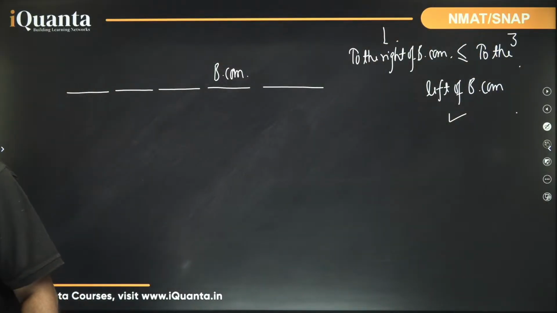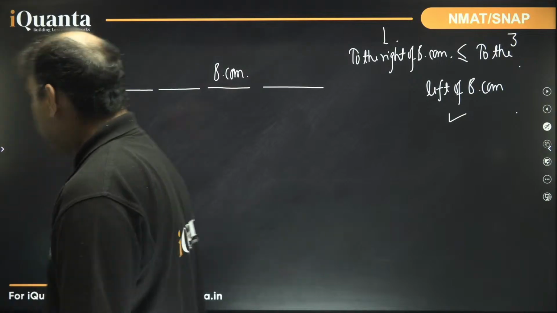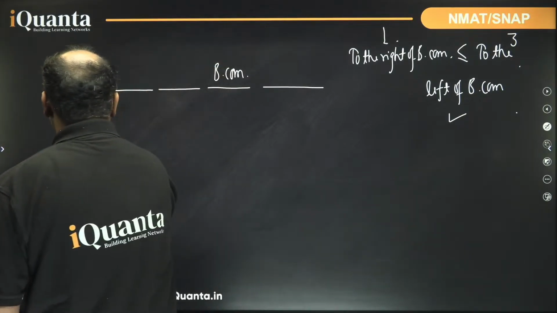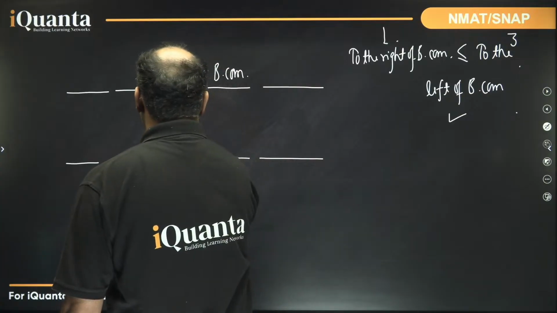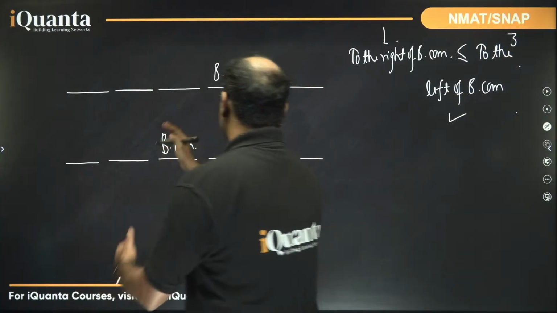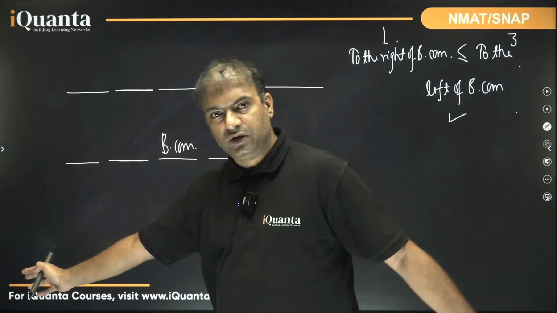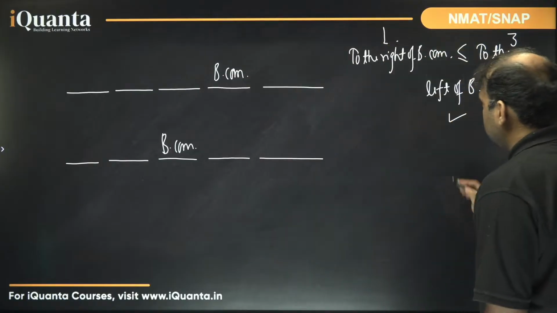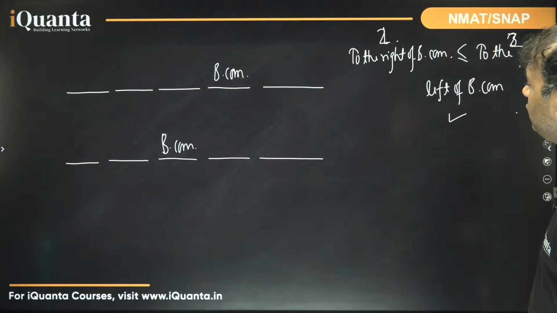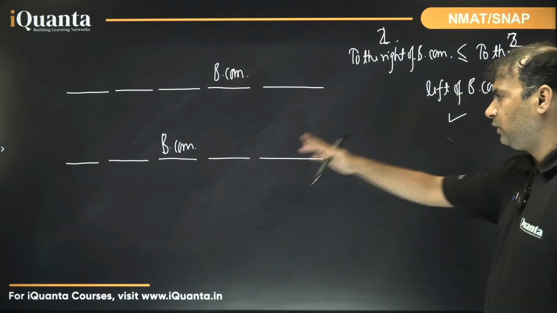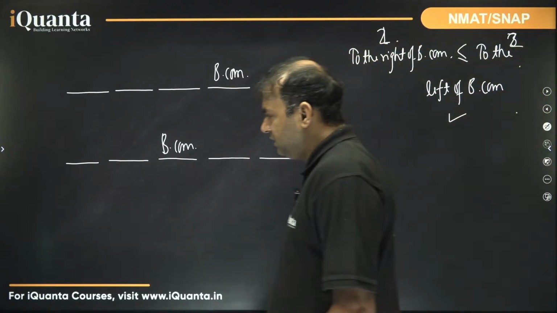We can say that the BCom person can be here, okay? Similarly, if I draw the BCom person here, now we have 2 people to the right of BCom and 2 people to the left of BCom, which is also possible. You can see that, right? Because to the right of BCom should be less than or equal to the left of BCom, meaning it can be equal, by the way, right guys? So this is also possible.